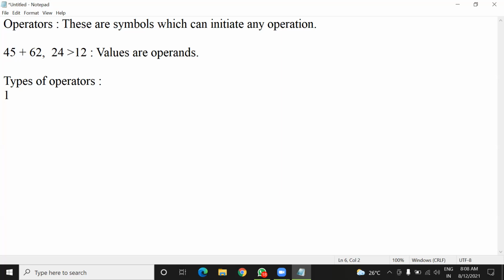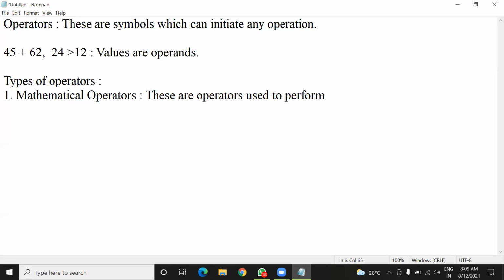The first type is the mathematical operator, or you can say arithmetical operator. These are operators used to perform mathematical operations.